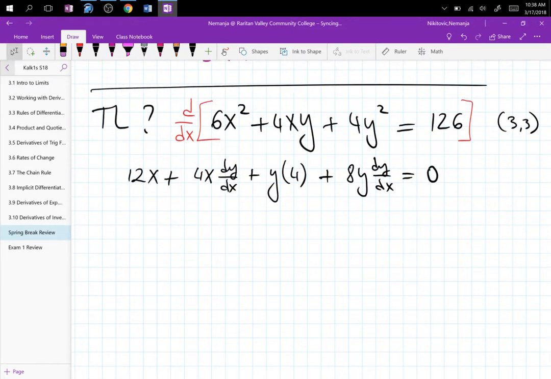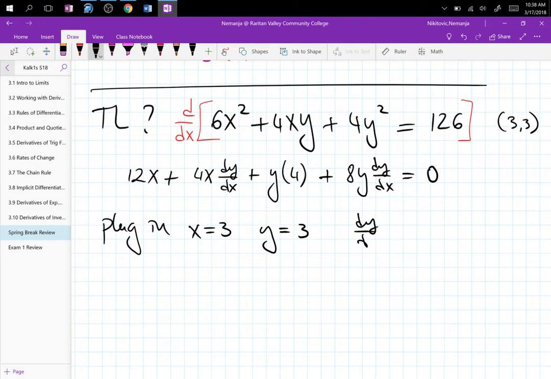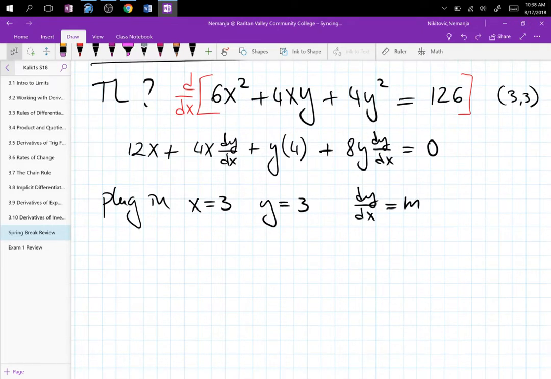Now, as I said before, compute at this point. There is no reason for you to waste time and solve for the derivative. You are just looking for the slope m, so you can plug everything in. At this point, plug in x equals 3, y equals 3, and dy/dx equals m. They all plug in at the same time.